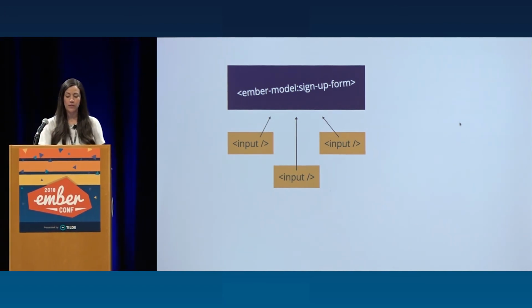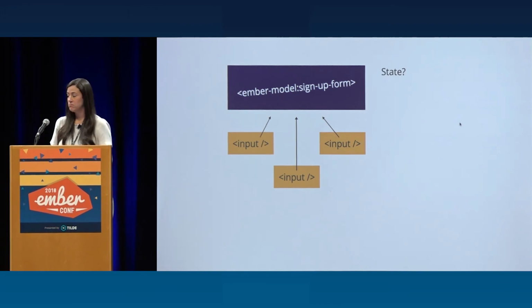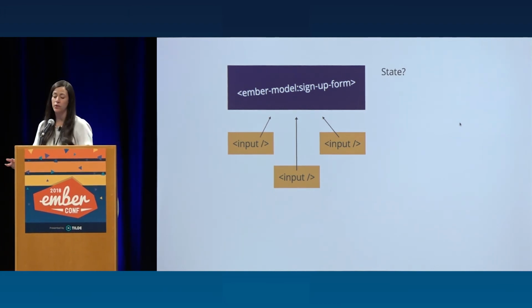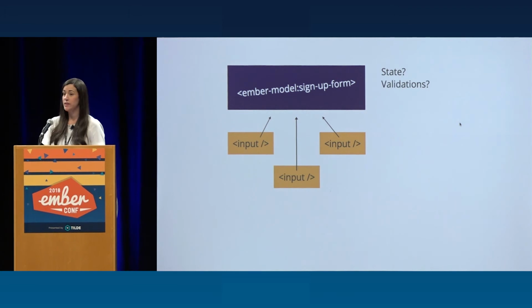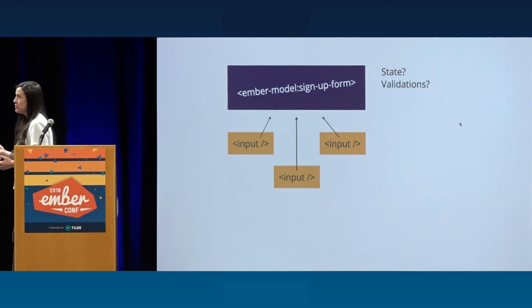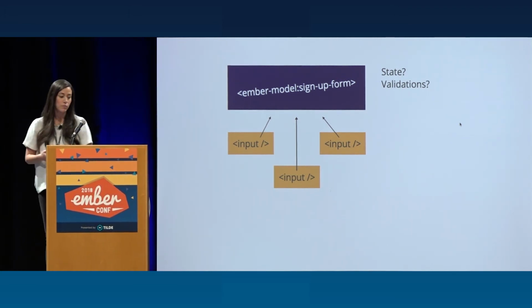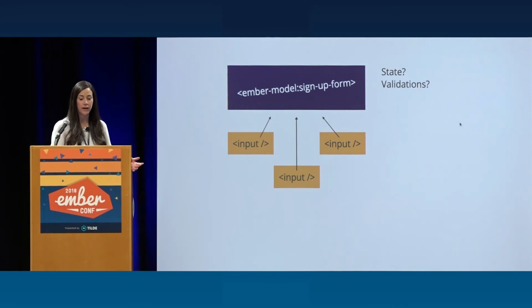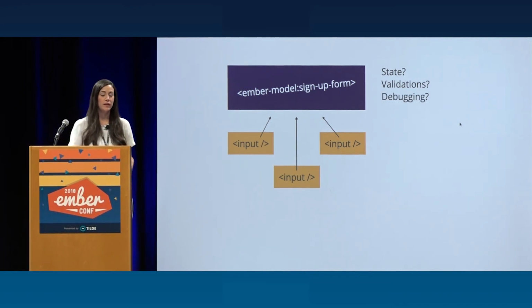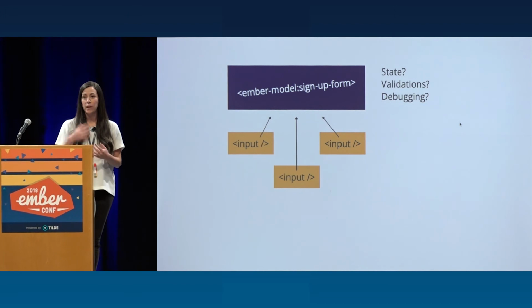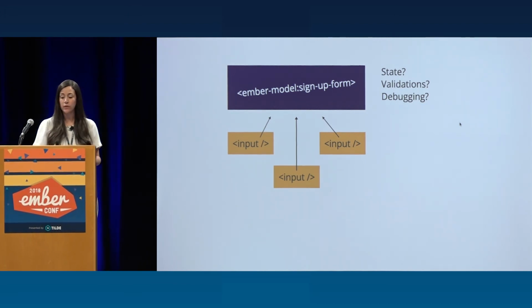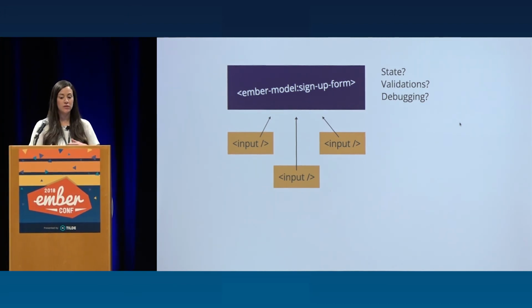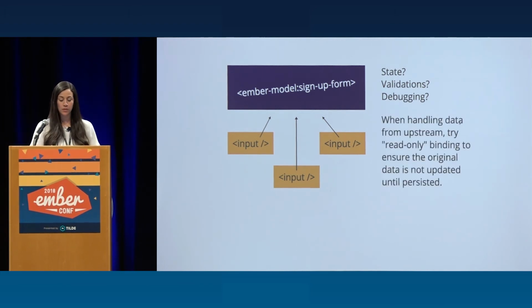The model has state, so we can control that from the application level. We can still validate it at the application level. It doesn't need to be moved to another object to be validated. And we can also debug it. It's great because Ember Inspector has all of our models right there, and we don't even have to dig through the rendering tree to see what's available.